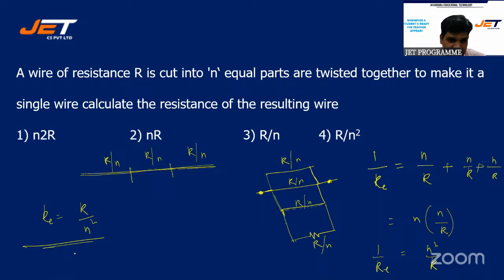So it reduces. If initially the wire resistance was R, and I cut it into N parts and join it in parallel fashion.